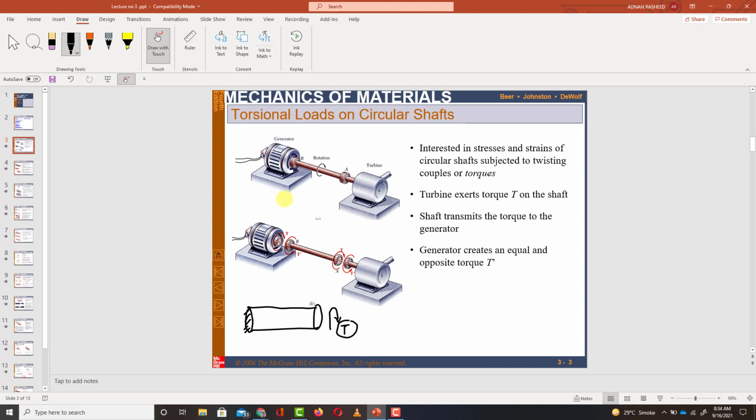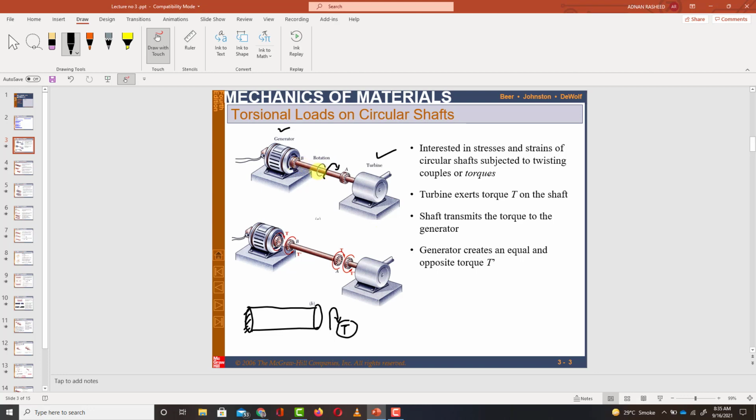Clear? So in this figure you can see that there is a turbine that is attached with a generator through a shaft. Whenever the turbine rotates, it tends to rotate the shaft, and you can see that it tends to rotate the shaft in this direction by applying torque on this shaft. Clear?